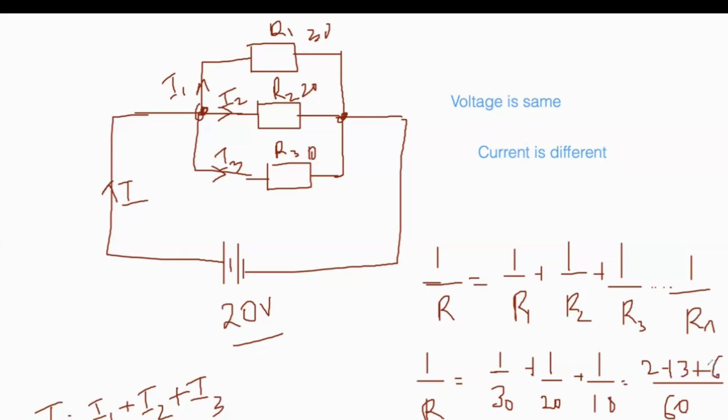So 2 plus 3 plus 6 is 11. So it's 11 by 60. So 1 by R is going to be equal to 11 by 60. So what is your R? It will be the inverse of that. So your R value for this combination is 60 by 11. So this is how you find it out.